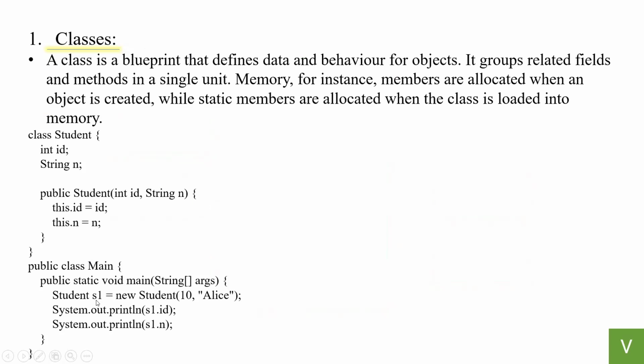Now we created s1 as the object. s1.id accesses the id value, s1.n accesses the string value. Similarly, if we create another object called s2, Student s2 = new Student with some values, then it has its own values.